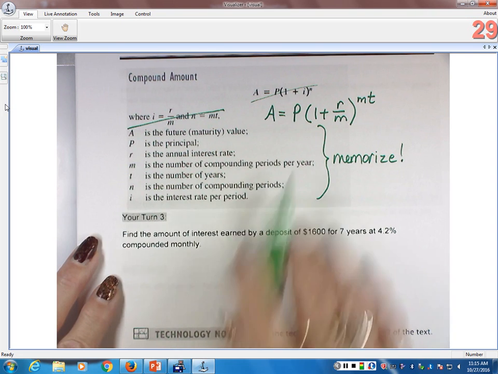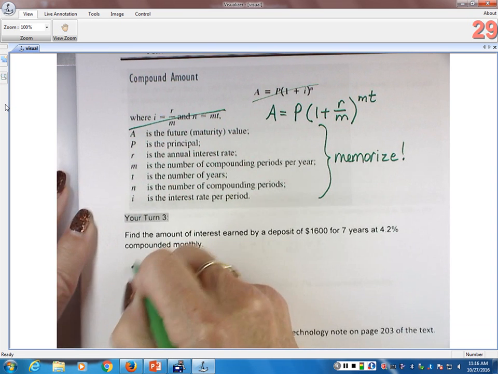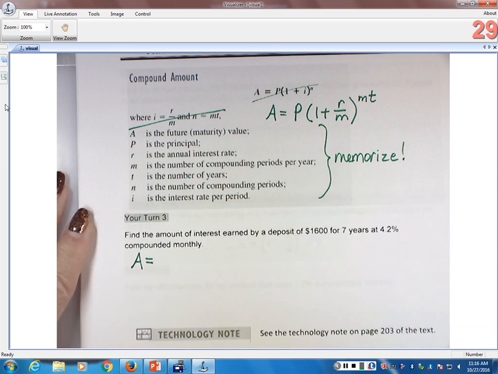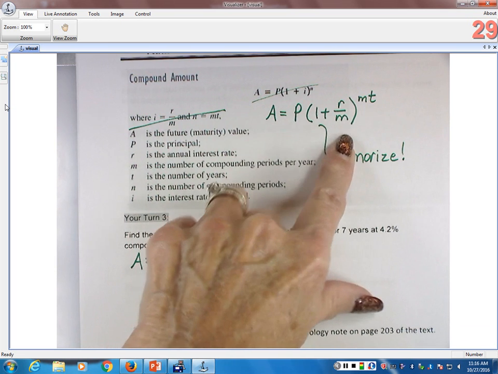So this is the formula for the future value. Now, if we want to know the amount of interest earned, what we're going to have to do is find the future value first. So, the future value is the present value times the quantity 1 plus R over M raised to the power MT.